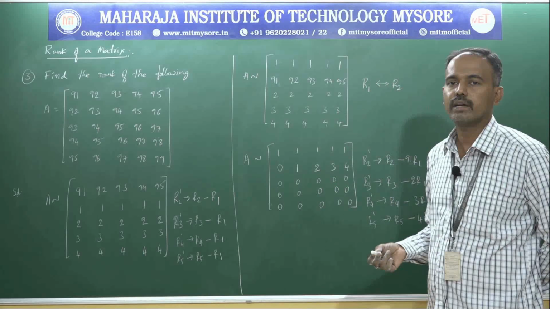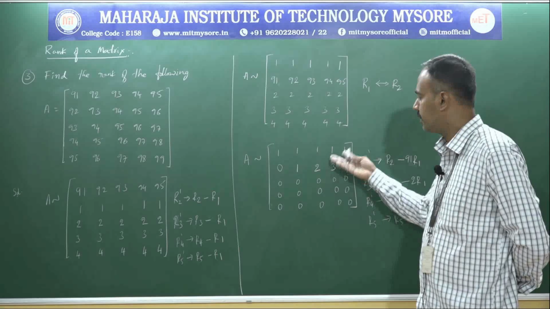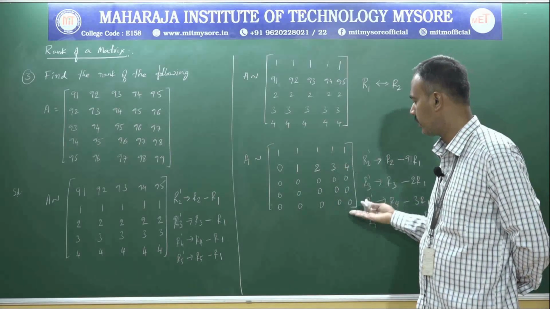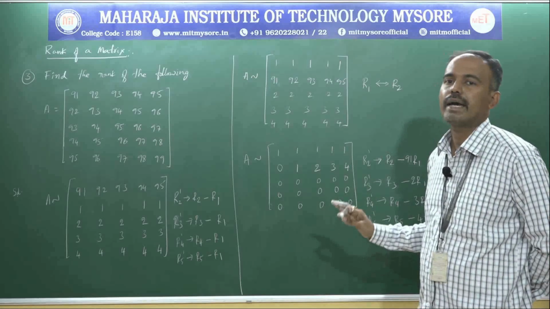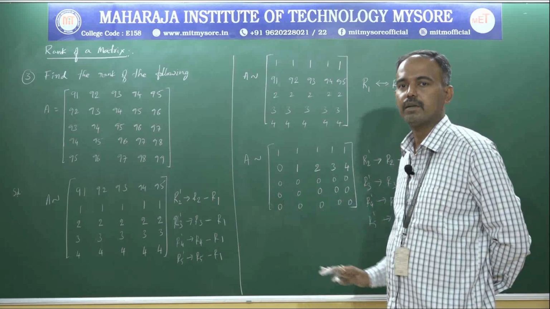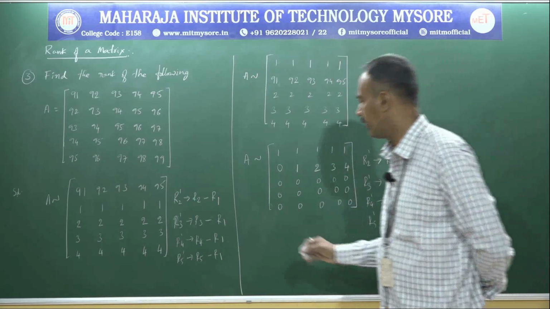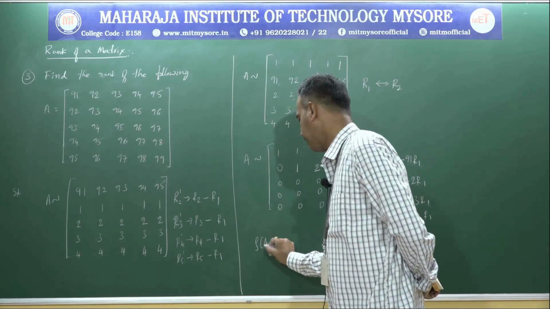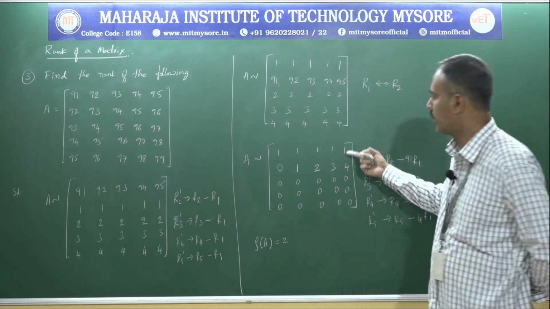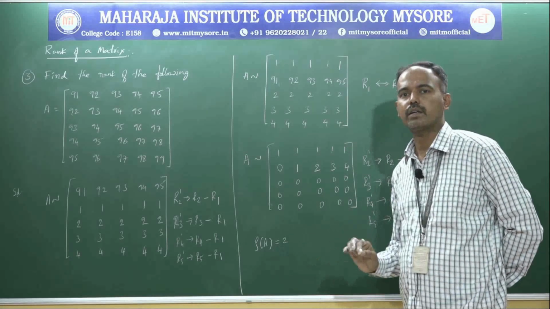If any zero rows are available, as three zero rows are available, they should come below the non-zero rows, as two non-zero rows are available. So the three points of the echelon form are applicable for the matrix A. That's why we can conclude the rank of the matrix A is equal to 2, because 2 non-zero rows are available. Is it clear, all of you?